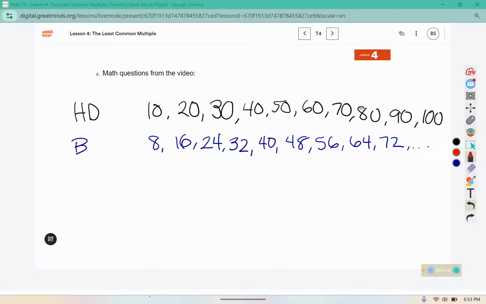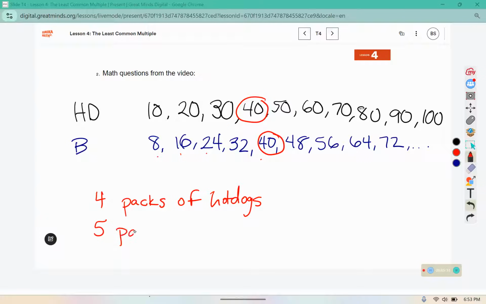So if we want an equal amount of buns and hot dogs, I see 40 shows up in both lists. That means that they need to buy 4 packs of hot dogs, because that would be 4 times 10 is 40, and 1, 2, 3, 4, 5 packs of buns.